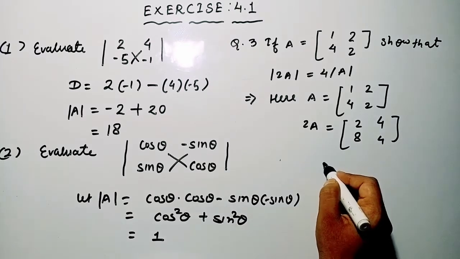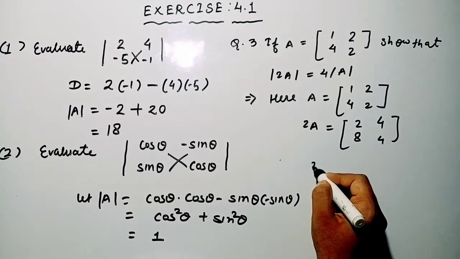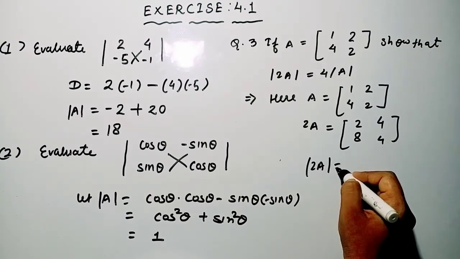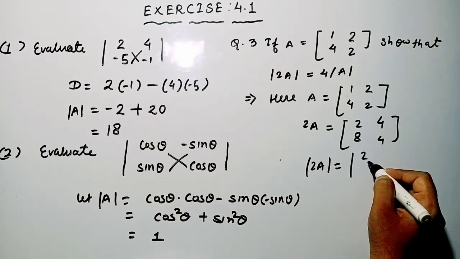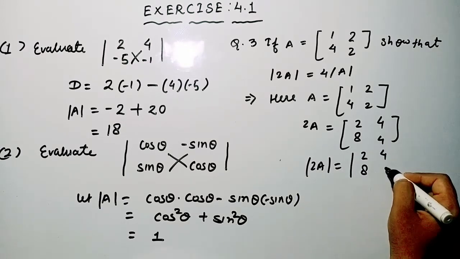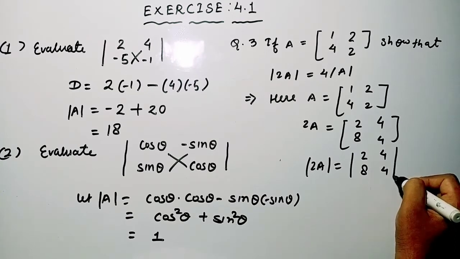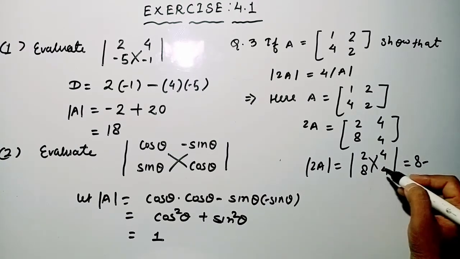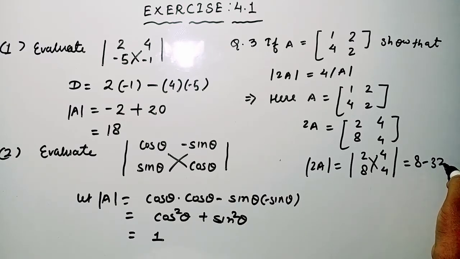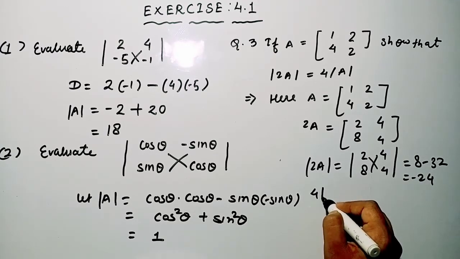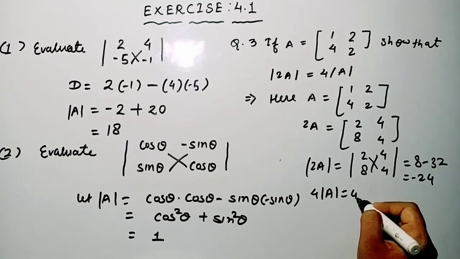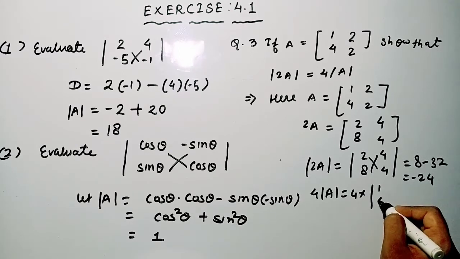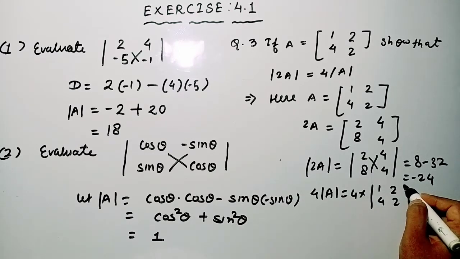Its modulus value, meaning magnitude value, meaning determinant. So determinant 2A is equal to 2, 8 and 4, 4. Now doing the cross multiplication, 8 minus 32, 4 times 8 is 32, so we are getting minus 24. Similarly we will find 4 into modulus A. So 4 into A, which is 1, 4, 2, 2.